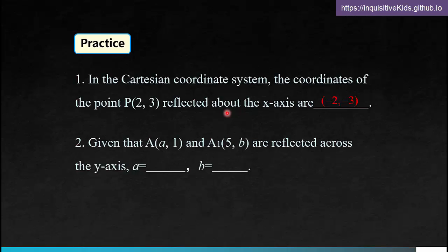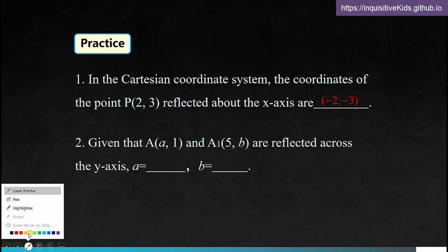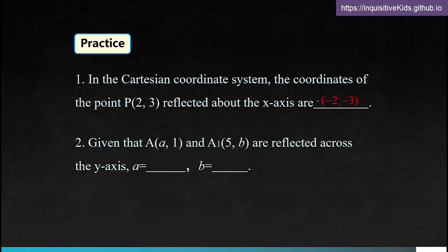Okay, the answer to the first problem would be (2, -3). Because if 2 points are reflected about the x-axis, then the correct answer would have the same x coordinates.